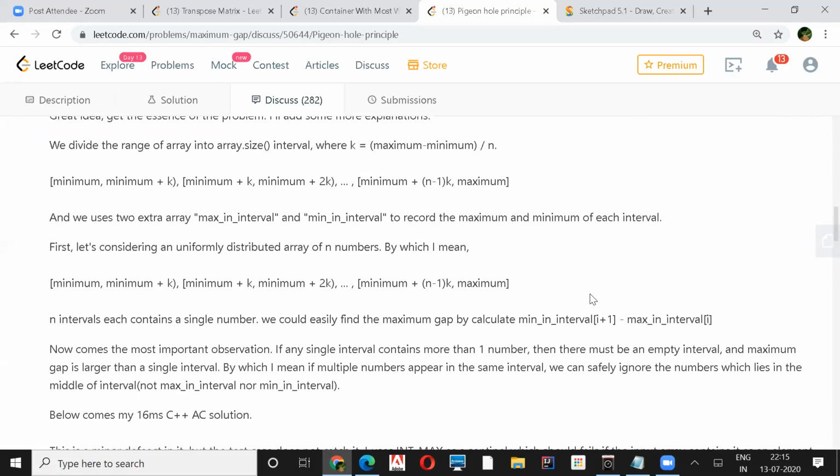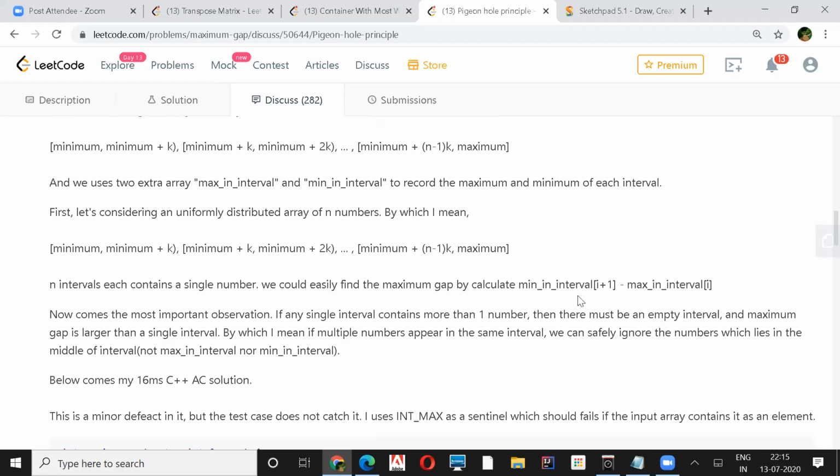So basically they are saying you just need to compare the max in the current interval and min in the next one. Yeah. So even if there are multiple, he says that about that as well.